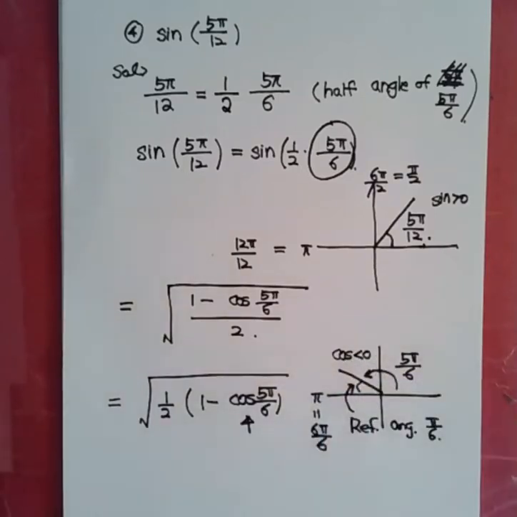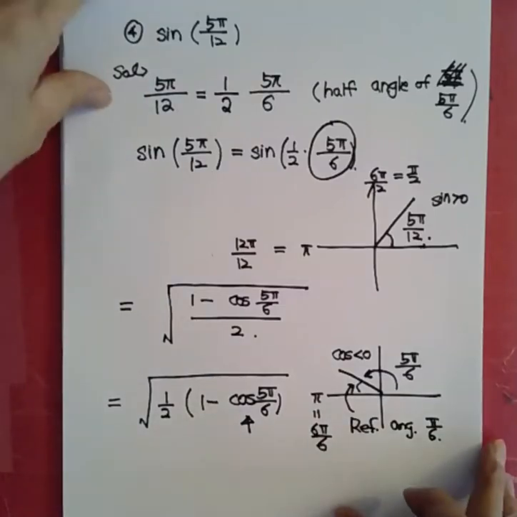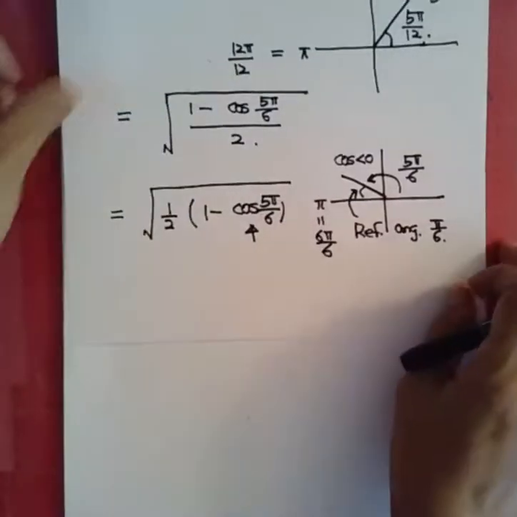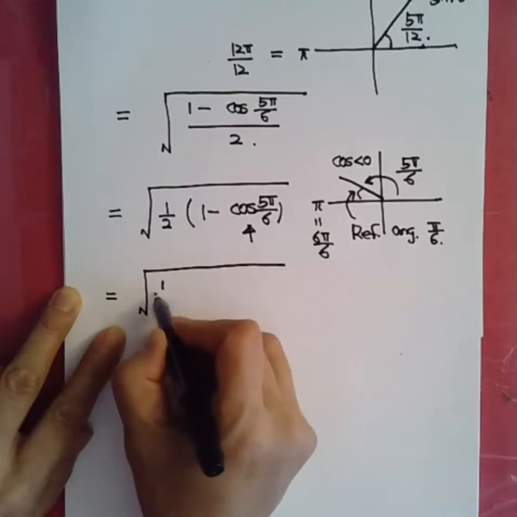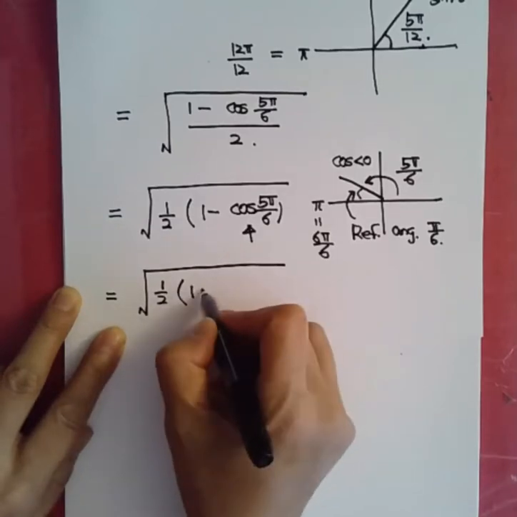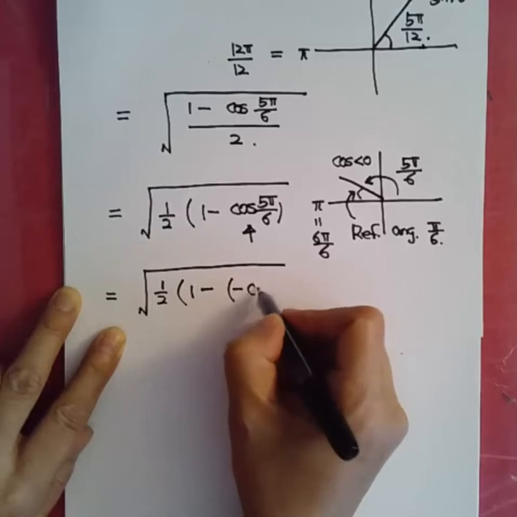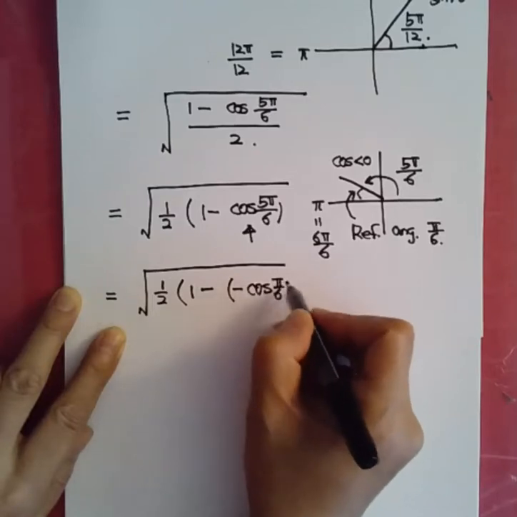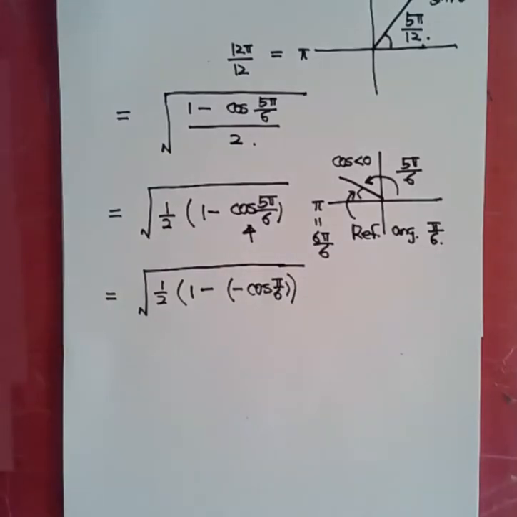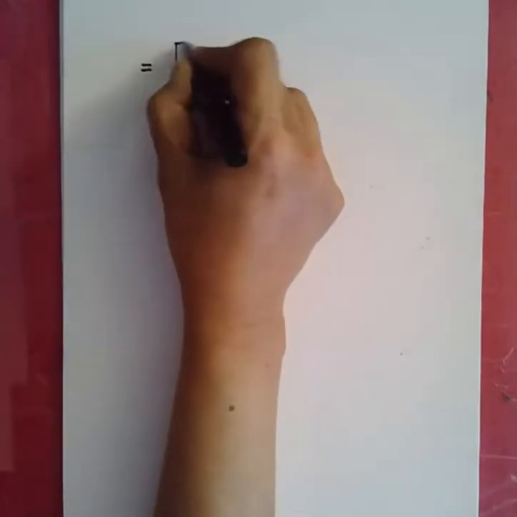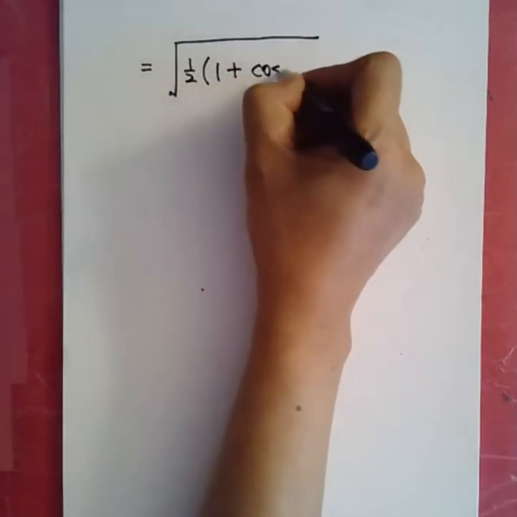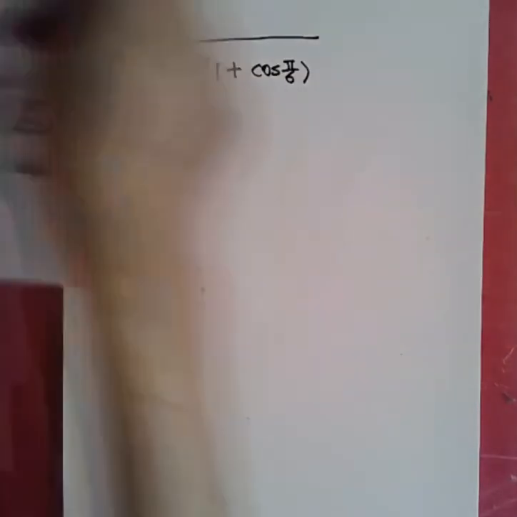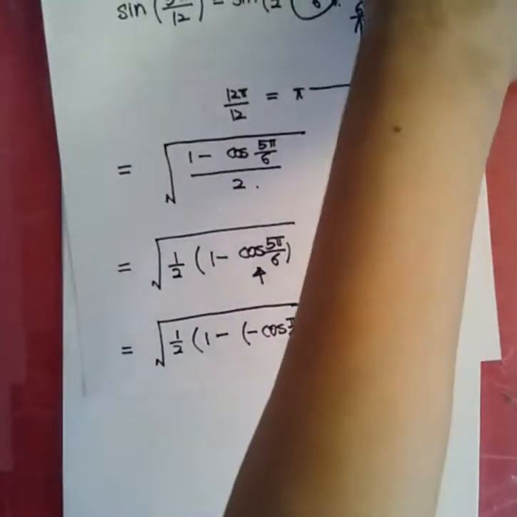That implies cosine values are negative. When we re-express the formula by using the reference angle, then 1 minus cosine of pi over 6. So that equals square root of 1 over 2, 1 plus cosine of pi over 6. Here minus became plus.